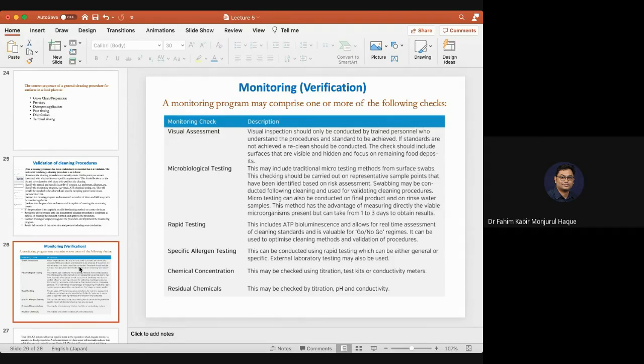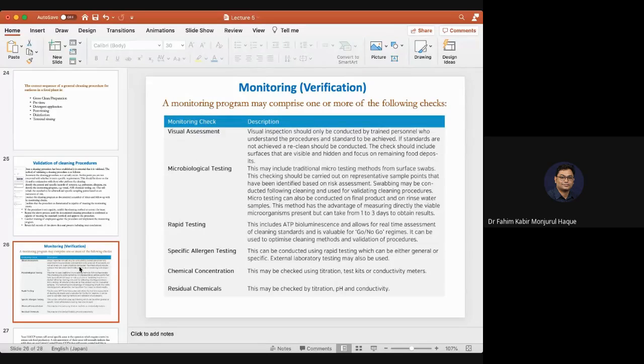Okay, that is done by verification. Verification means you have to verify that the procedure or detergent you are using is working in your plant. Verification actually has to be done from time to time. At what interval? It depends on the procedures and on the chemicals.